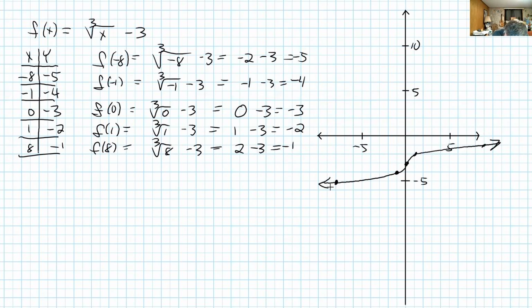And it continues on in both directions, to the left and to the right, as well as up and down. So the domain of this would be all real numbers, and the range would also be all real numbers.